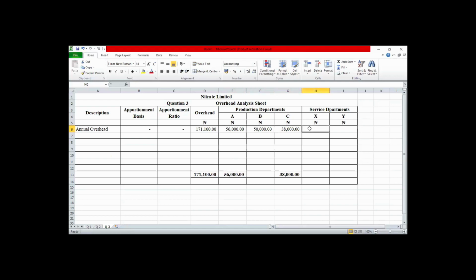Then X is how much? 16,500. Then Y is how much? 10,600.